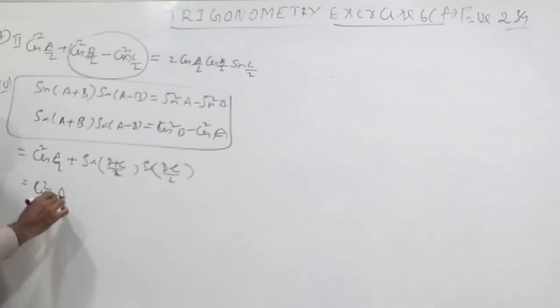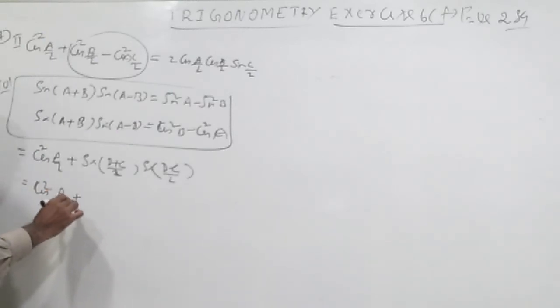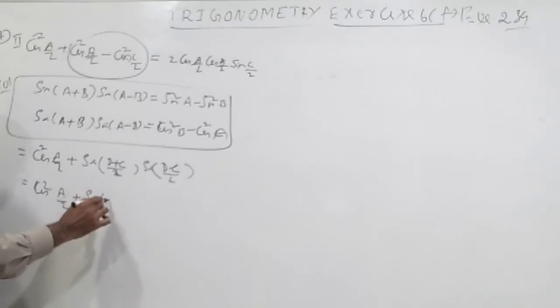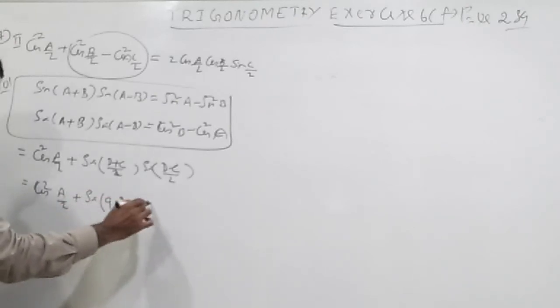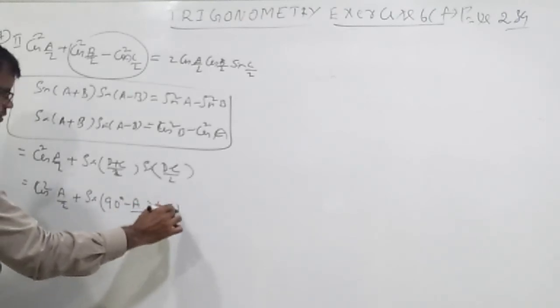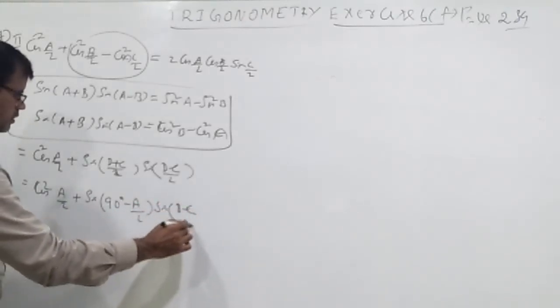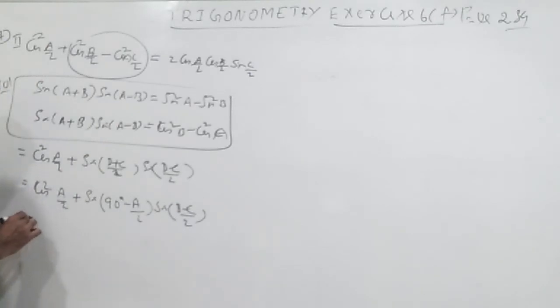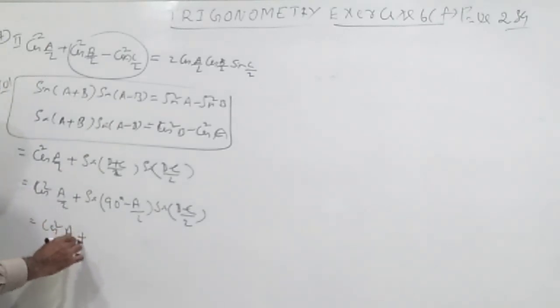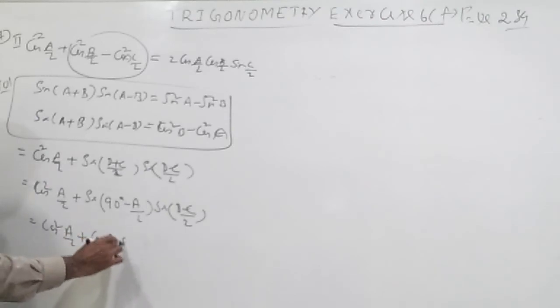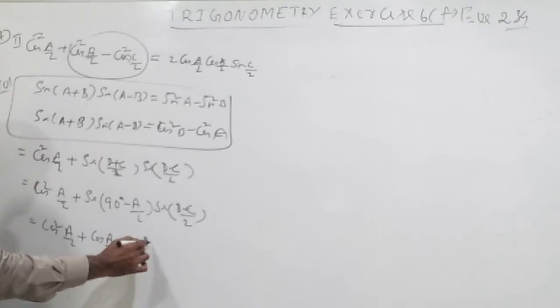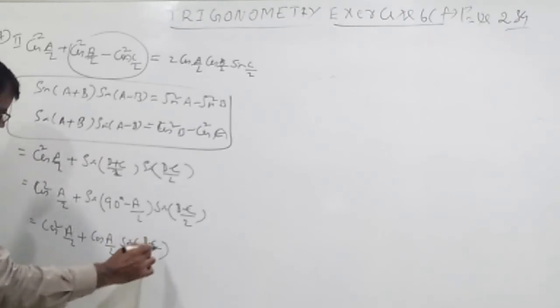That is equal to cos²A/2 plus sin((B+C)/2) can be written as sin(90 − A/2), times sin((B−C)/2). That is equal to cos²A/2 plus, since sin(90 − θ) can be written as cos, cos A/2 times sin((B−C)/2).